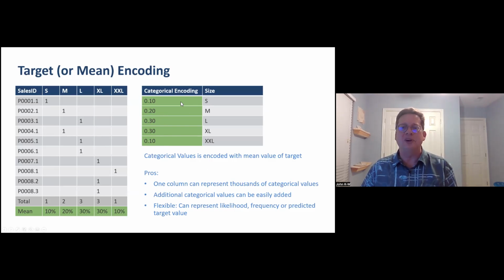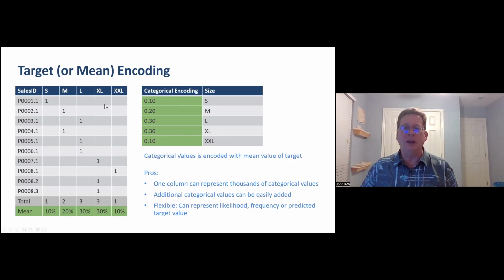In this case, it would be a percentage representing the size of the shirt. That 10% of our shirt sales were smalls, 30% were extra larges, and you can use this for your predictive algorithms very easily to say, I'm trying to predict how many of a particular shirt I should be ordering. Well, 30% of your shirts should be extra large.